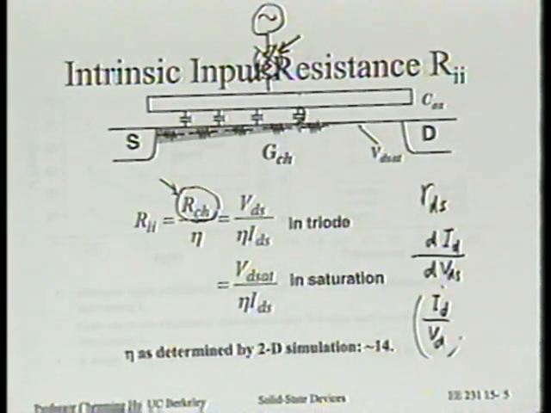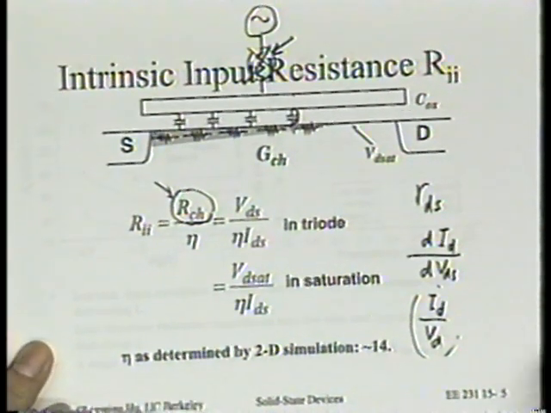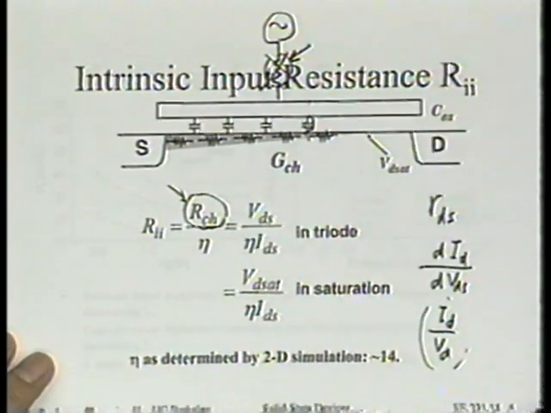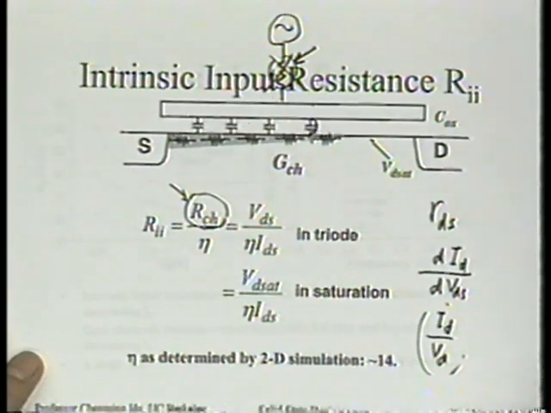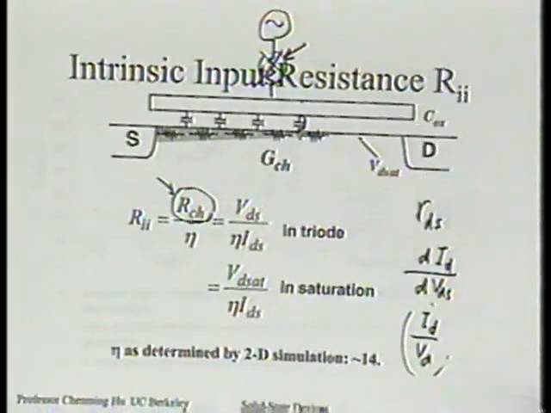You may get something like 14. So 14 is used as the default value. Of course, just like any SPICE parameter, if you think you have better data, you can extract a number that you have more faith in. By all means, do that. If you think 13 is better, then do use 13. But we think this default is very good.